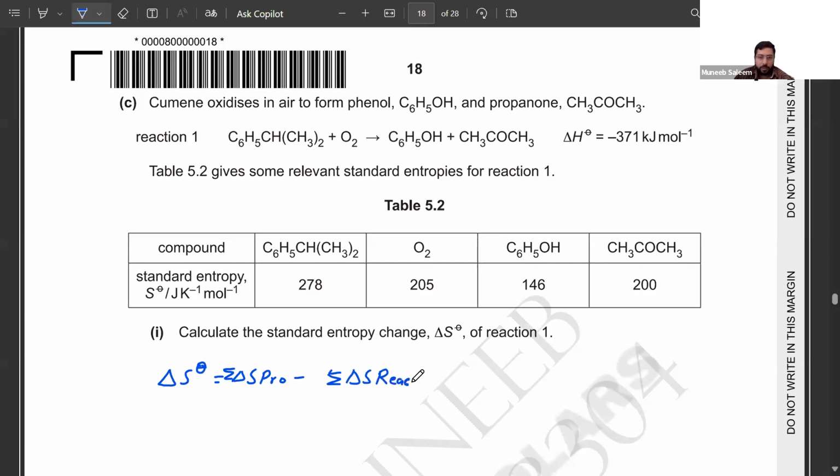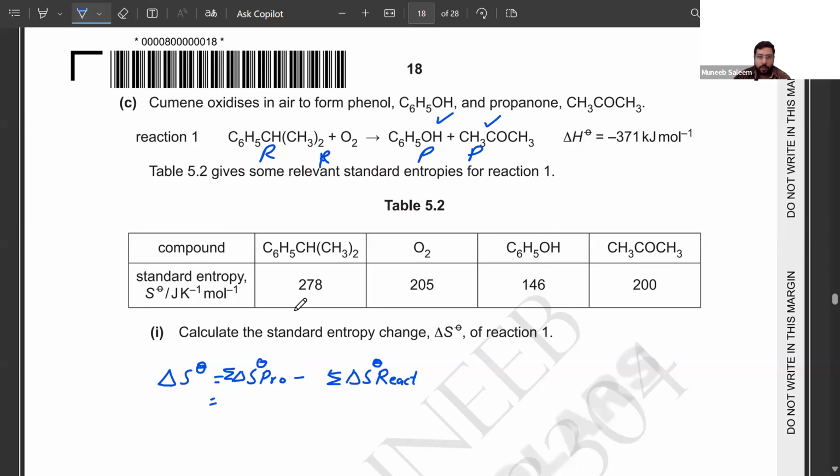So product minus reactant is a simple formula which we have to apply here. Now, the product values are given here. These are the products and these are the reactants. So simply use these values.